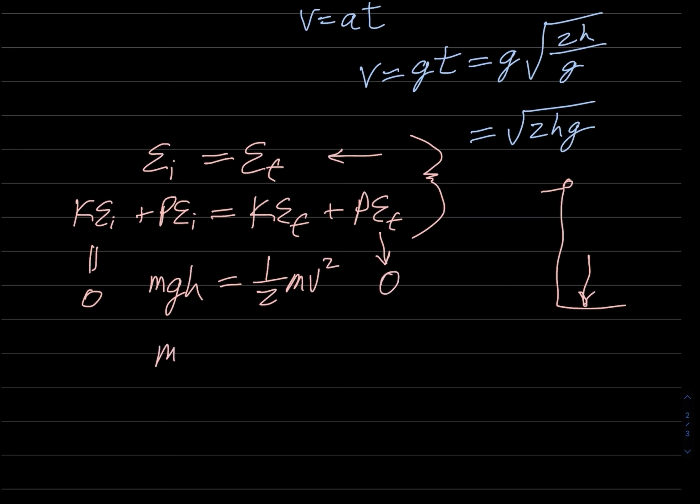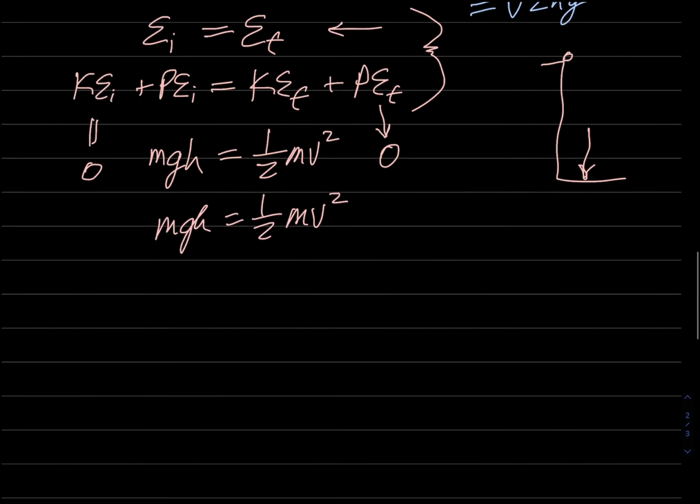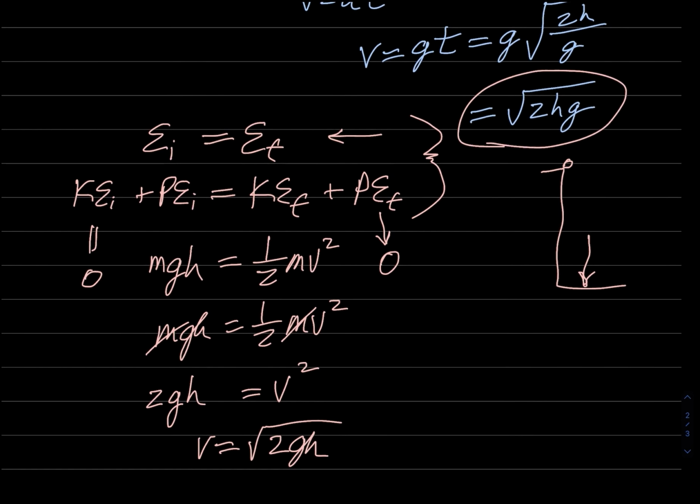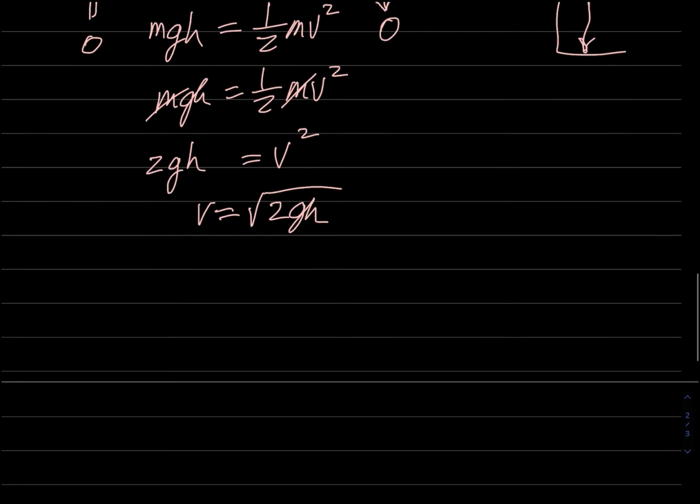So we have mgh equals 1/2 mv squared. The m's cancel out. We have v squared equals 2gh, and v equals the square root of 2gh. Same thing, and it was a bit easier to do. If you can use energy methods to solve your problems, usually it's going to be a bit easier.